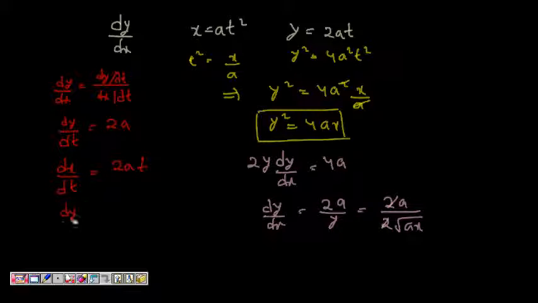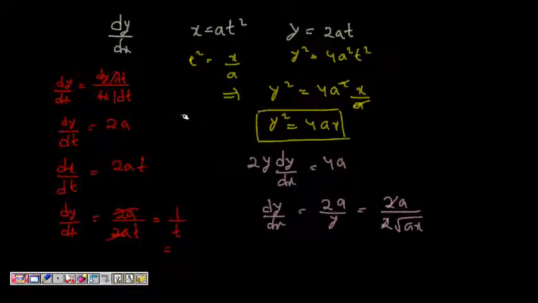So dy by dx is 2a by 2at, which is 1 by t. In terms of t this is the answer, but we can try to compare. From here, t is y by 2a.